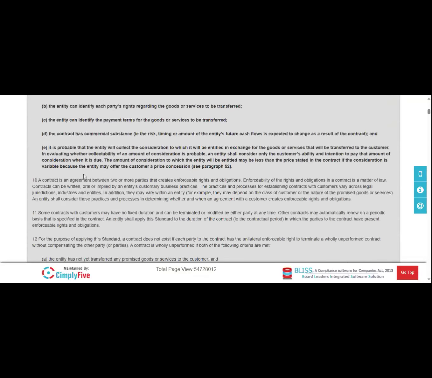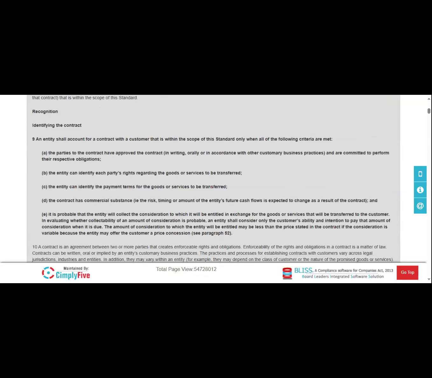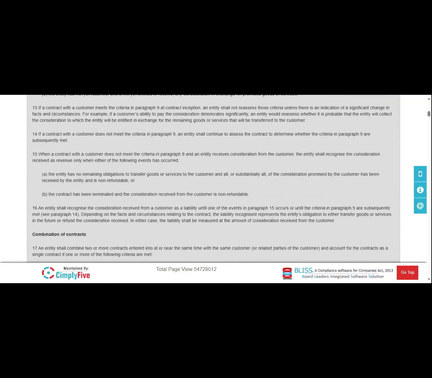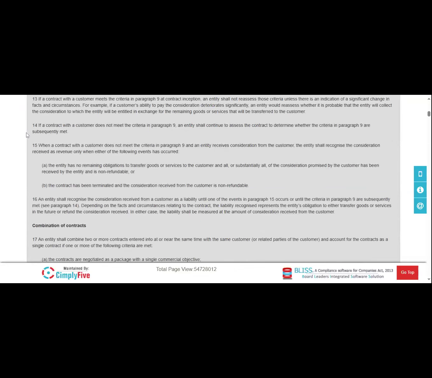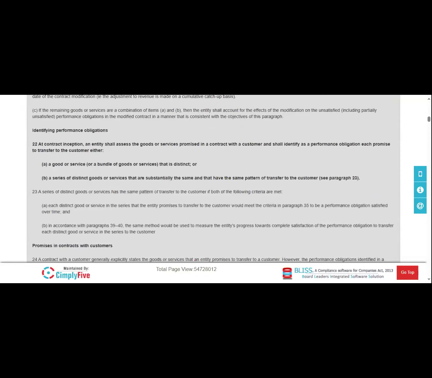These are the guidelines provided in AS 115. Here you see identifying the contract is the first step in the different steps of revenue recognition. The next step is the performance obligation. If you read the guidelines, at contract inception, an entity shall assess the goods or services promised in the contract with the customer and shall identify them as performance obligations.